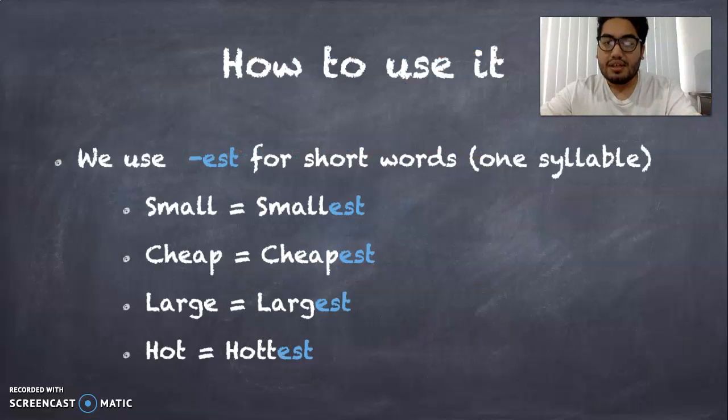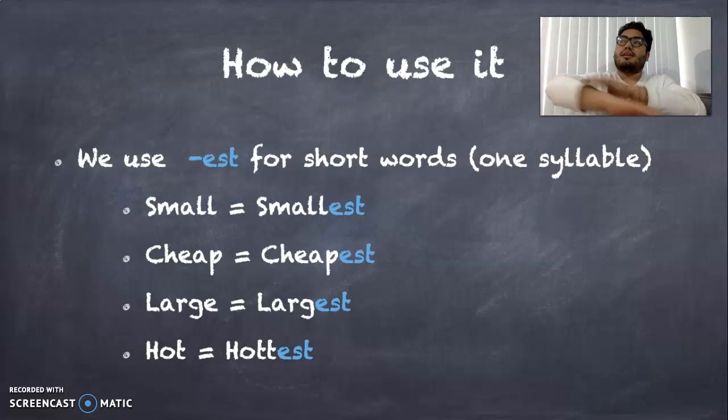We use -est for short words that only have one syllable, like small, smallest; cheap, cheapest; large, largest; hot, hottest. You can say yesterday was the hottest day of the year. That means that in all the year, the hottest day was yesterday.